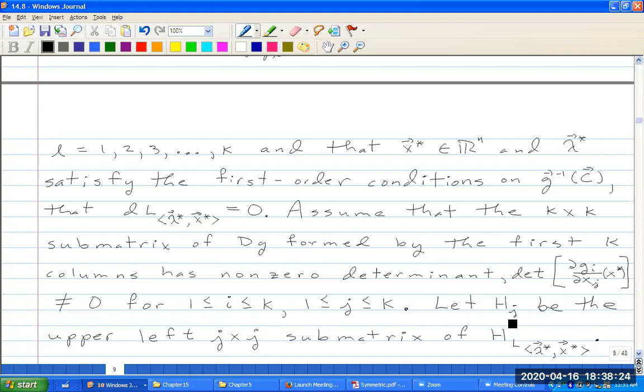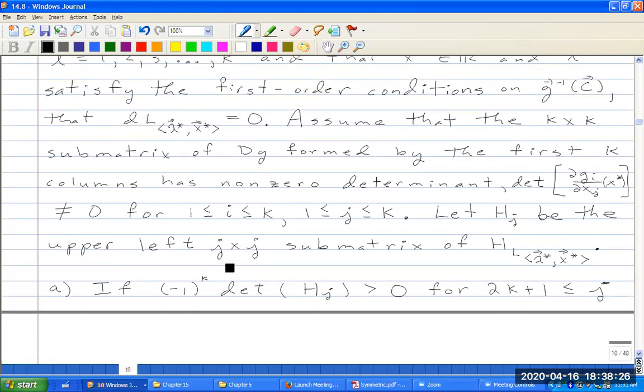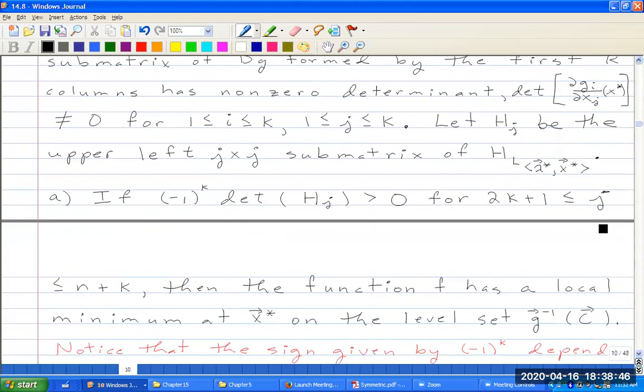Let H sub j be the upper left j by j submatrix of H sub L evaluated at this critical number. If (-1)^k times the determinant of H sub j is greater than 0 for j going between 2k+1 and n+k, then the function F has a local minimum at X star on the level set G inverse c.